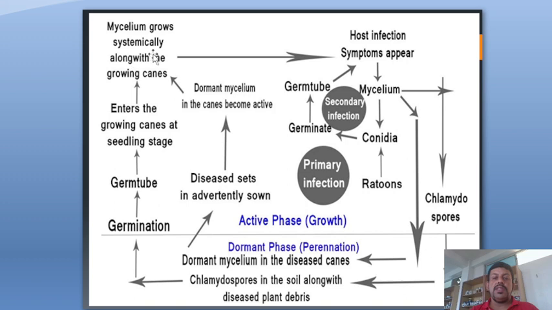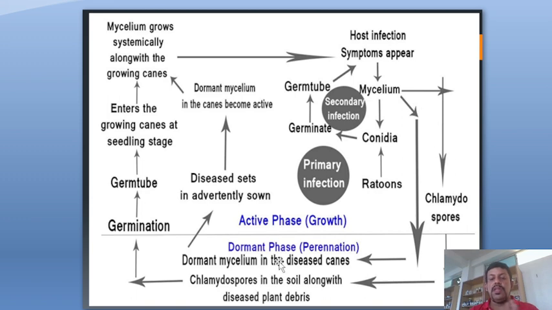These secondary mycelia then undergo infection. When the secondary mycelium develops inside the plant, only then does host infection appear. Then they slowly produce mycelium, then conidia, and then chlamydospores.